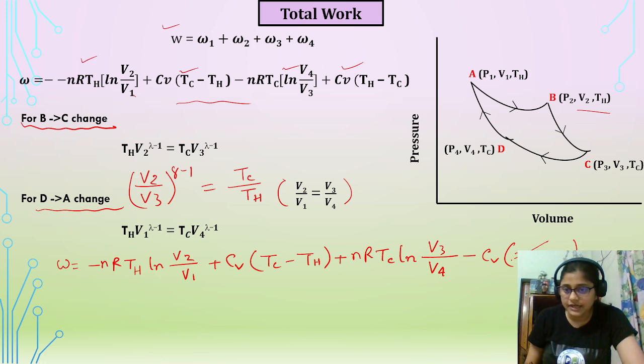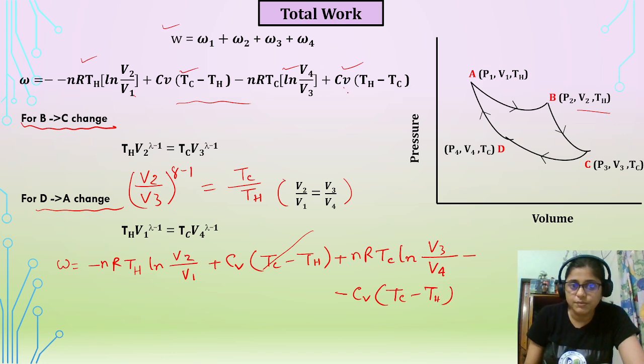Okay, I hope you can see here. I will just cut this one and this one. So this term I will write below. Minus CV TC minus TH. I've just taken this one opposite so that I can cut it. So it will be cancelled out, right?